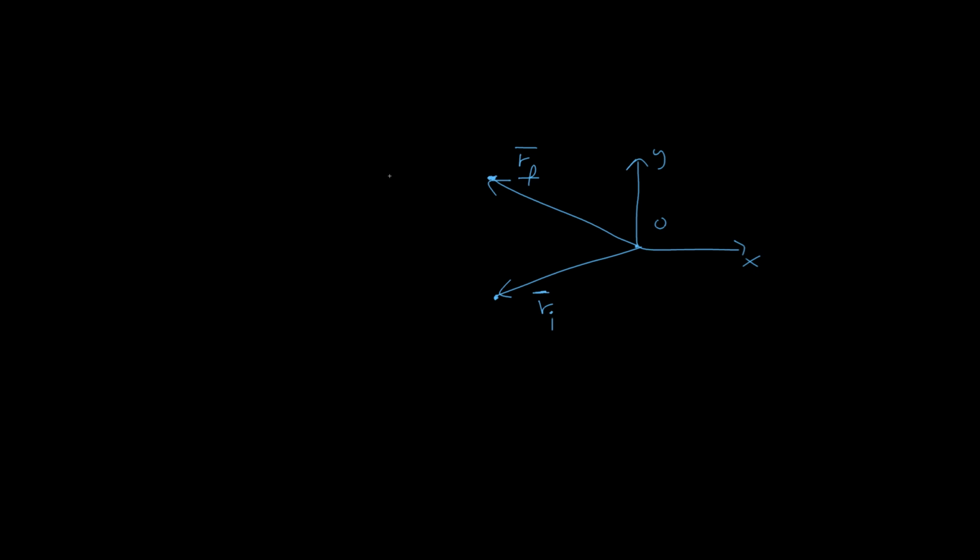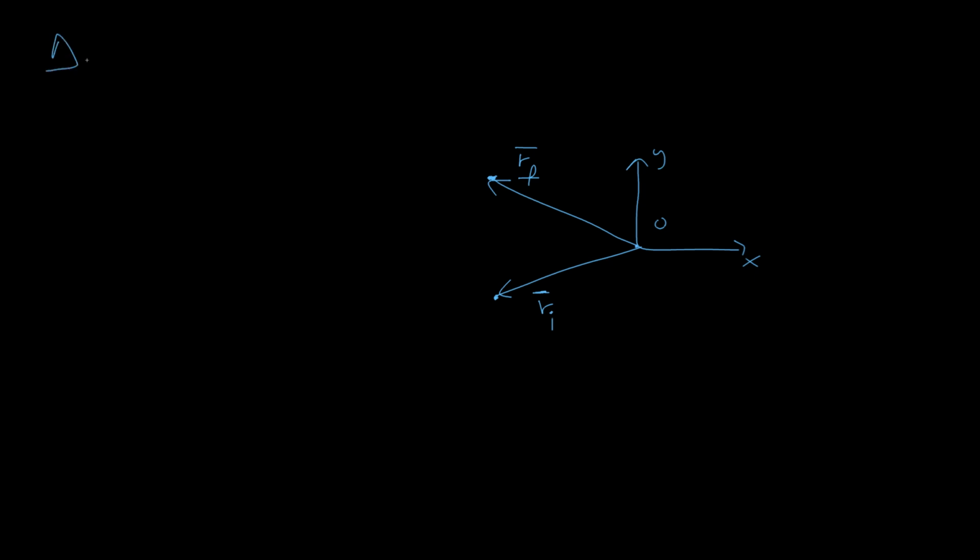Okay. Now, I need to find displacement, and displacement is showing us the change in position, the R final minus R initial. So essentially what we have to find in this case is the subtraction R final minus R initial. We have to calculate that difference.